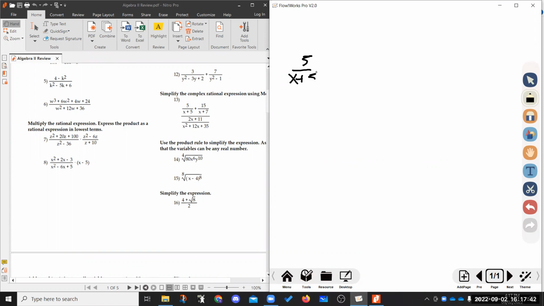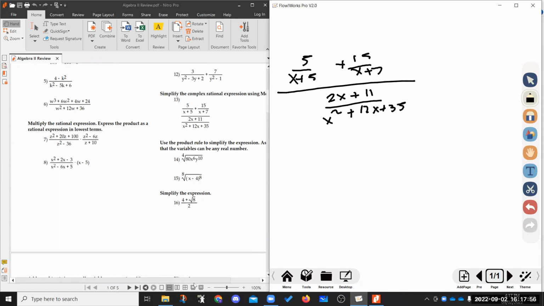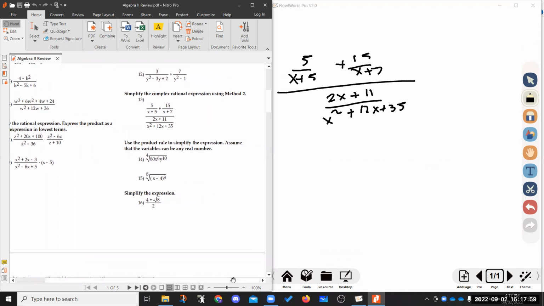5 over x plus 5 plus 15 over x plus 7, all divided by 2x plus 11 over x squared plus 12x plus 35. This one tells us to use method 2. Method 2 means to clear the fractions.